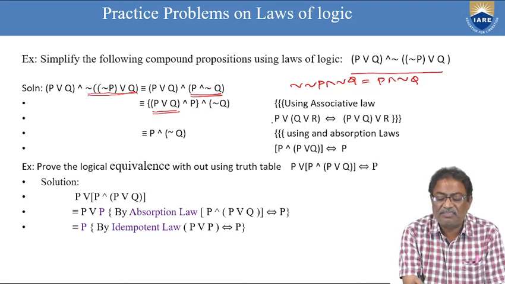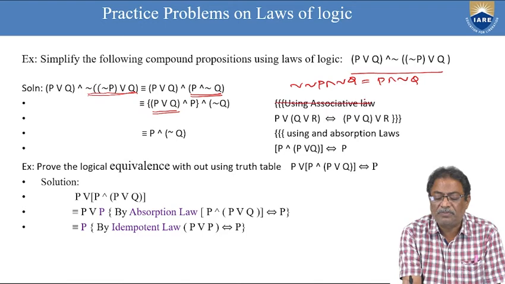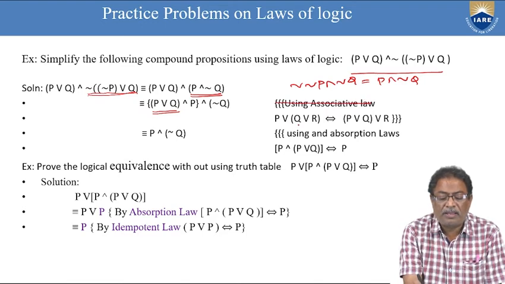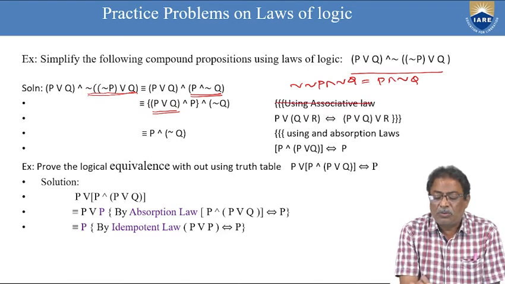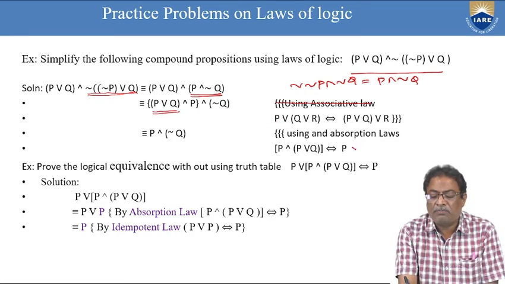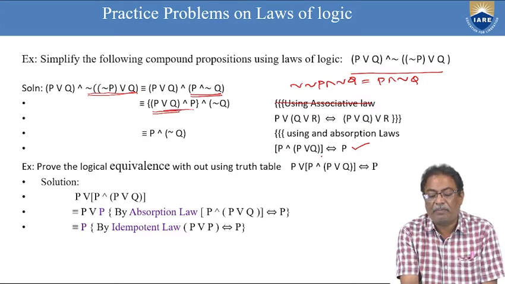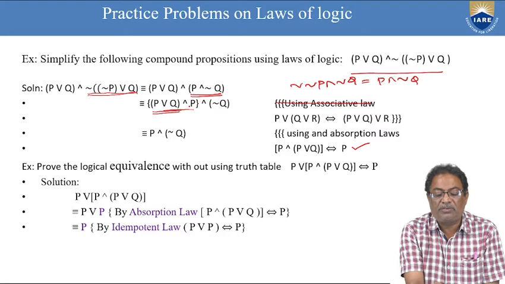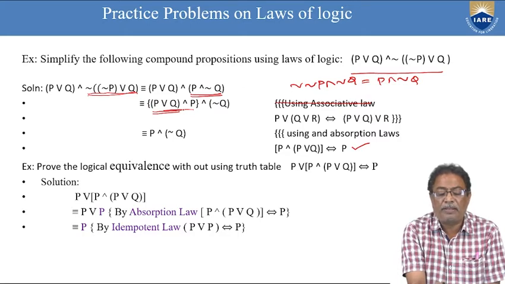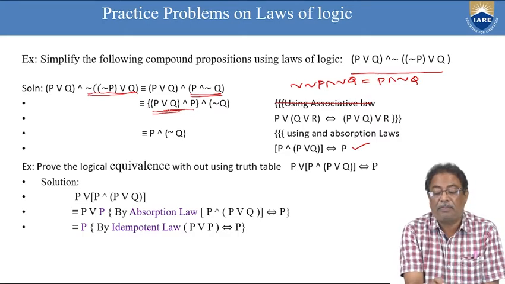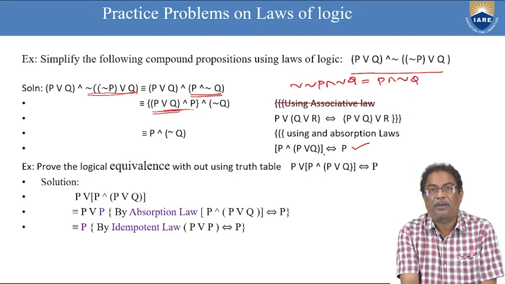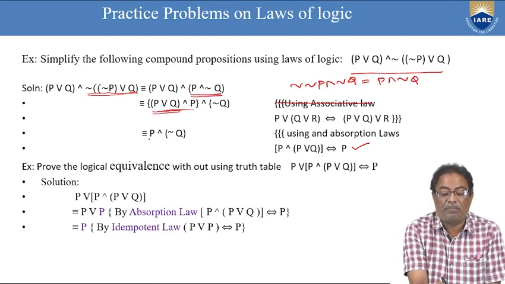Sorry, this is not absorption. Now absorption law, we are going to apply this. P and (P or Q). So by using the commutative law, this can be written as P and (P or Q), then P and (P or Q) will become P.